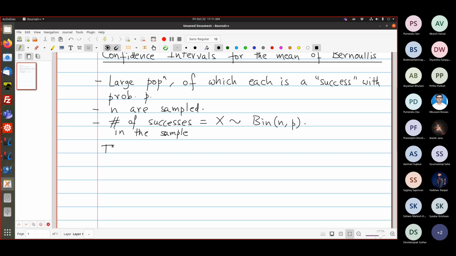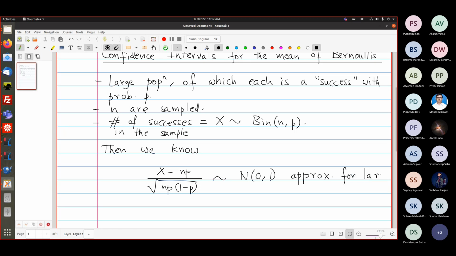Then we know that (X minus np) divided by the square root of np(1 minus p). The mean of a binomial(n, p) random variable is np and the variance is np(1 minus p). So if I take this quantity, this is now approximately a standard normal for large n.